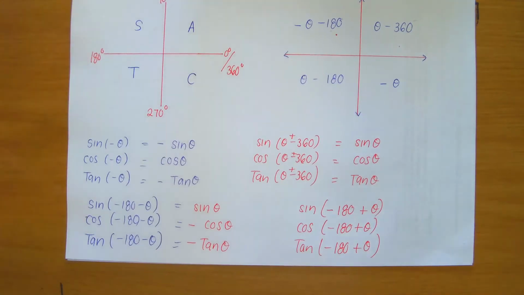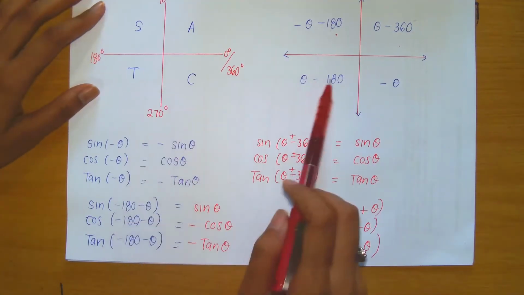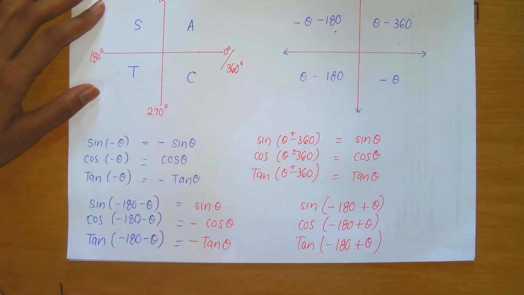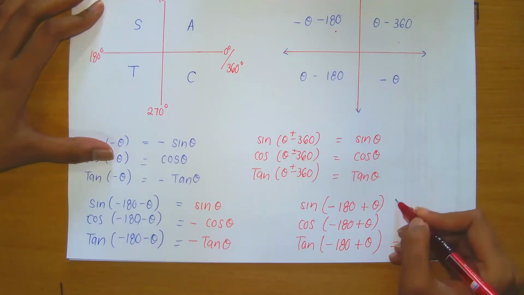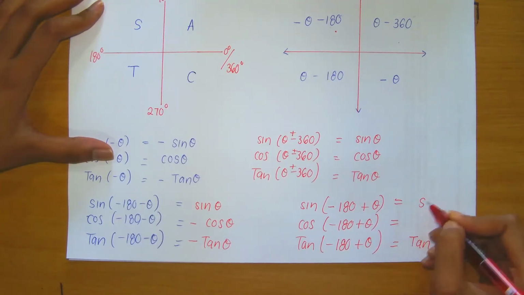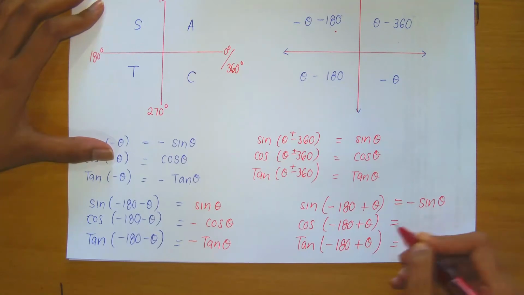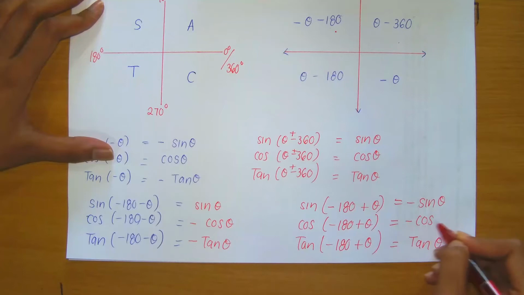Again, we need to reconcile this with the CAST diagram. In the 3rd quadrant, only tan is positive, so we know that tan of minus 180 plus theta will give us back positive tan theta. And for the other two ratios, we have negative sine theta, and cos of minus 180 plus theta is negative cos theta.